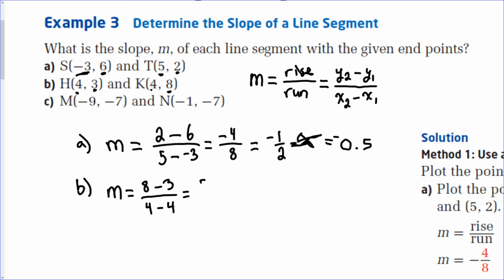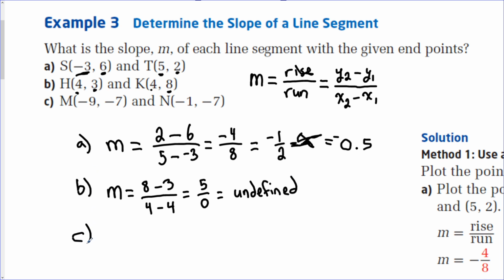I have 5 divided by 0. This is a vertical line. It's only going straight up and down, so the slope is undefined. There we go. So that is the answer to B.